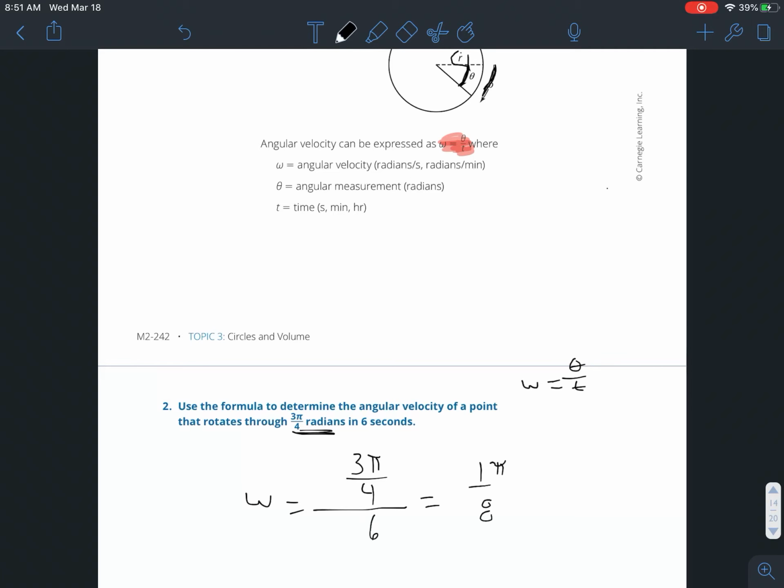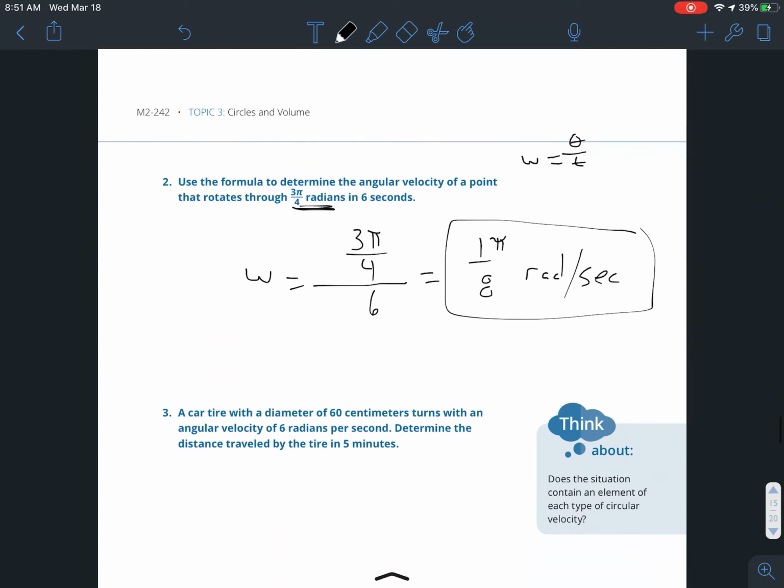That's our answer. So that's just pi over 8 essentially, and our answer is in radians per second. I know it's a little complicated, and that's why you use a calculator. That's why I told you guys to get that app to help you calculate this.